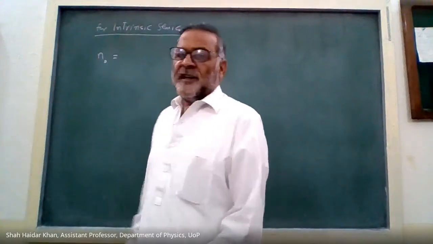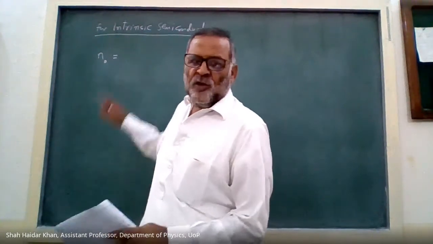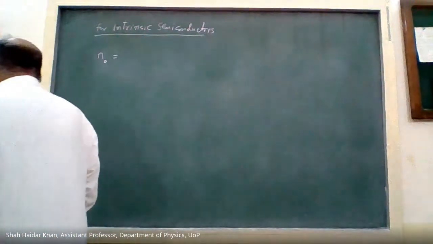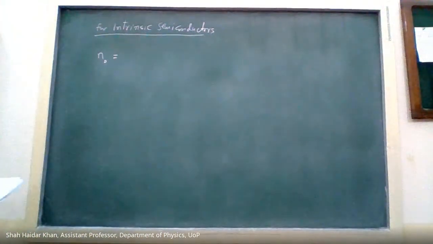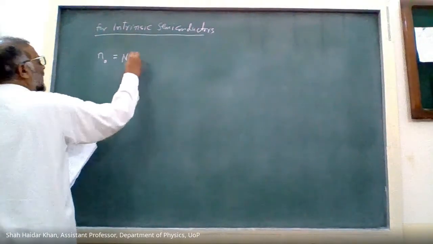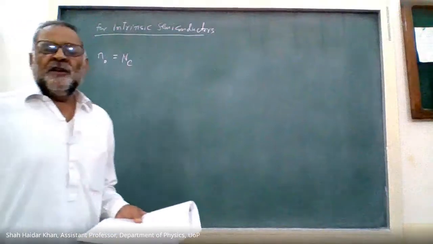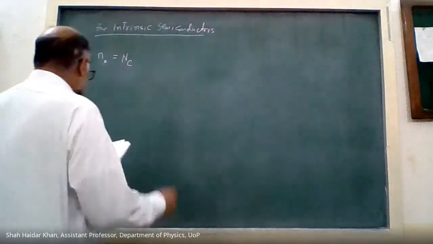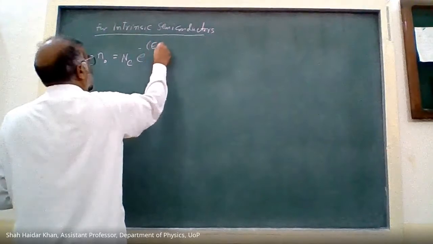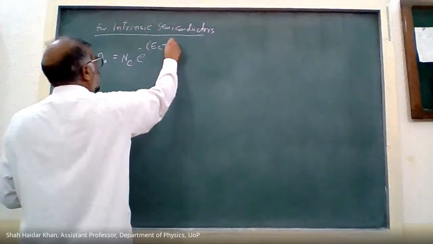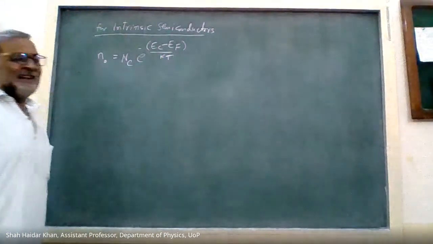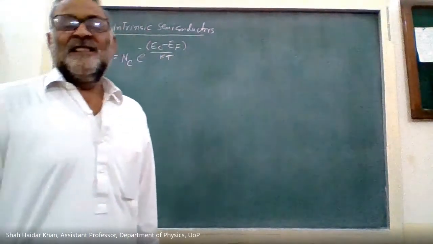So the semiconductor is considered to be in the state of equilibrium, which is represented by the zero subscript. So N naught was equal to Nc, which we call the effective density of states, times e to the power minus (Ec minus Ef) over kT.